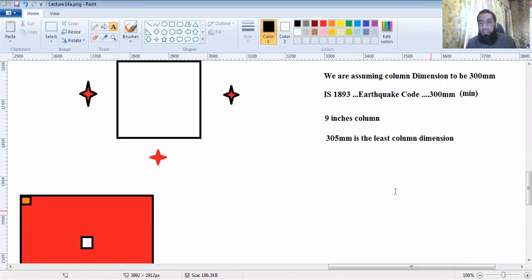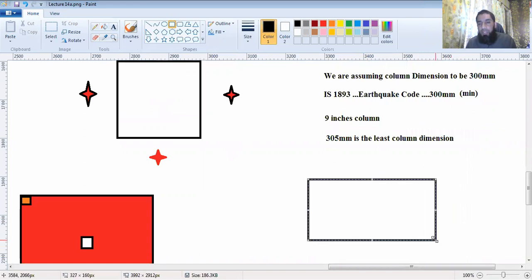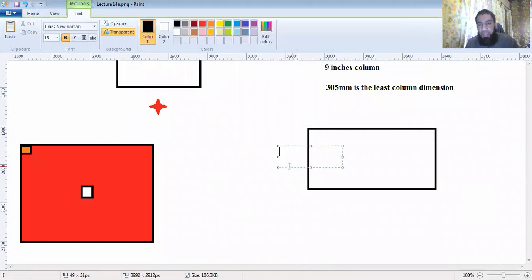Whether you are taking a rectangular column, this side has to be at least 305 mm, and the other side would naturally then be greater than 305 mm.